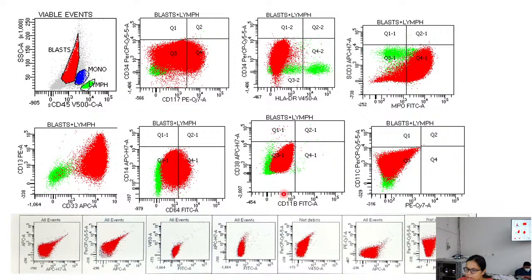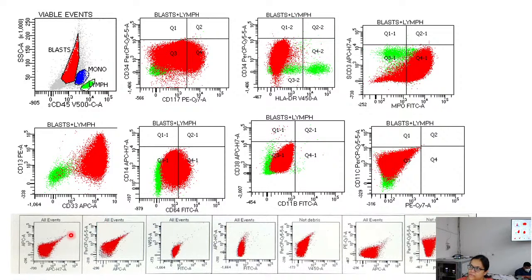On CD11b and CD11c, all the cells are CD11b negative. So it is very characteristic of APL that all the cells are CD11b and CD11c negative. A very important point is that the APL cells show a very high degree of autofluorescence.